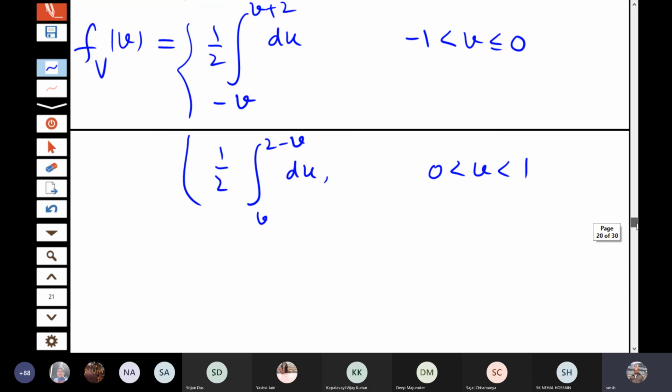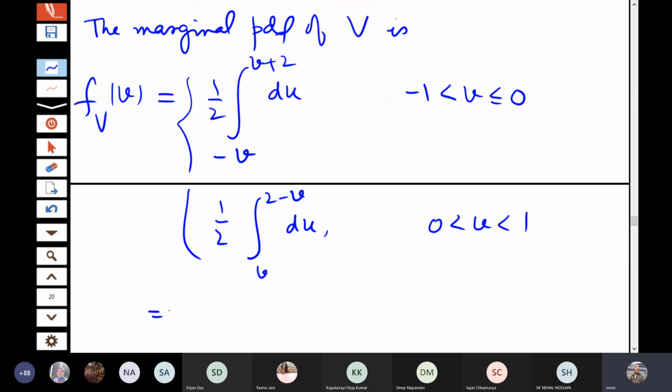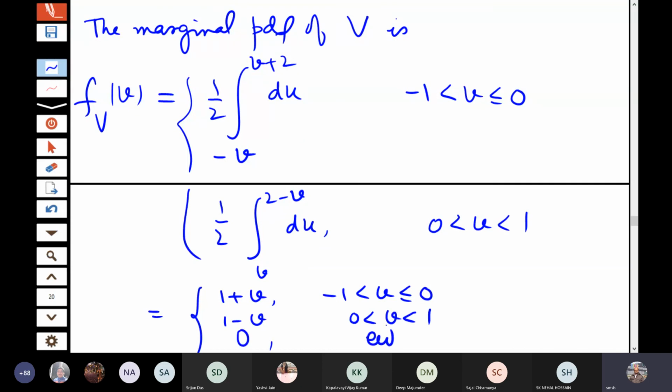So of course this is again extremely simple. So 1 plus v if minus 1 less than or equal to v less than or equal to 0, and it is 1 minus v if 0 is less than v less than 1, and it is 0 at all other points. If you plot it, this is v and this is f of v. From minus 1 to 0 it is 1 plus v, and from 0 to 1 it is 1 minus v.